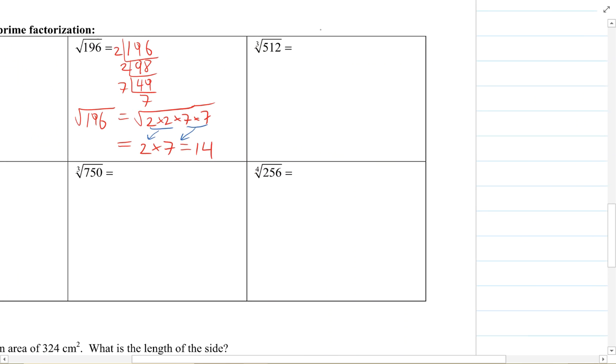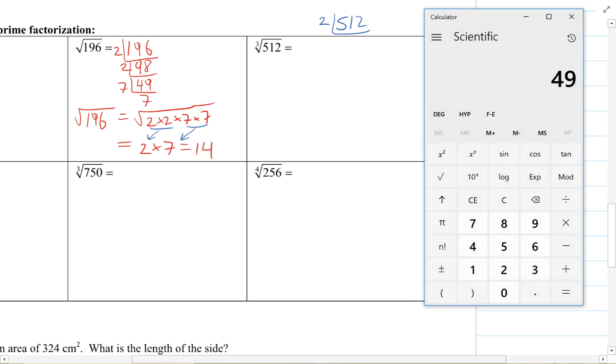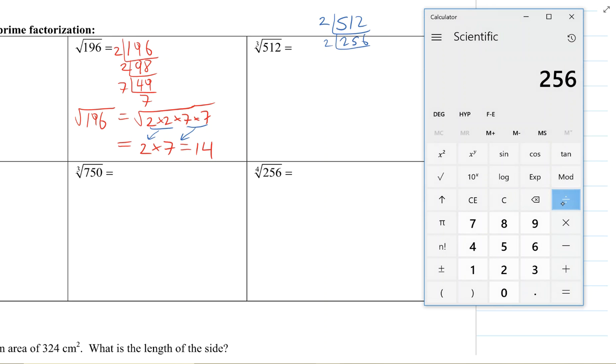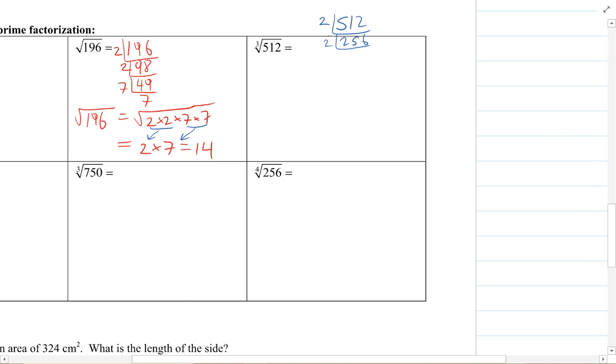Okay, 512. So again, go ahead, do it. What should you divide by? Well, it's an even number, so you can divide by 2.